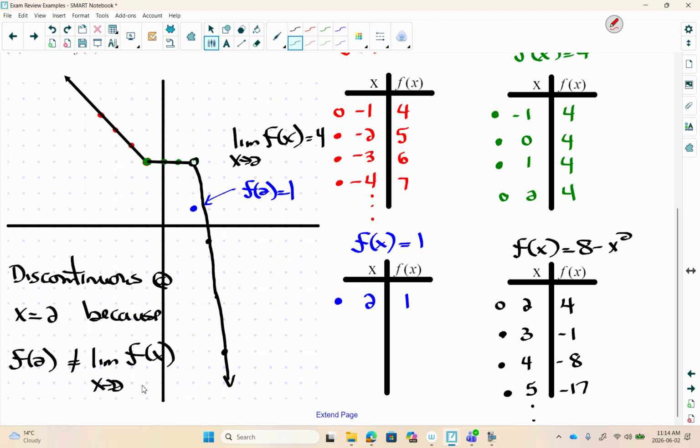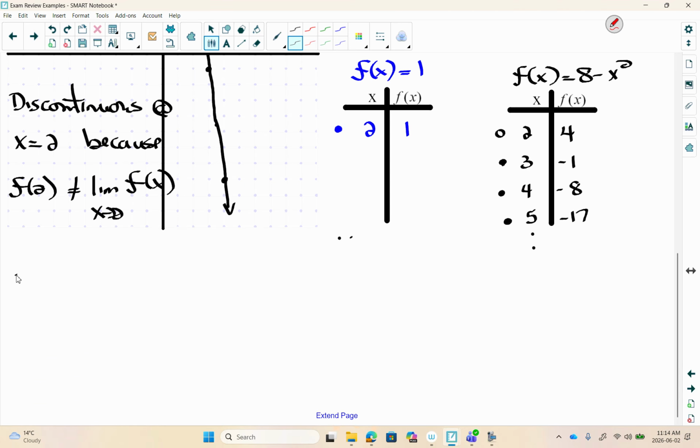1 doesn't equal 4. Anyone remember what type of discontinuity that is? We have a removable discontinuity, or a point discontinuity.